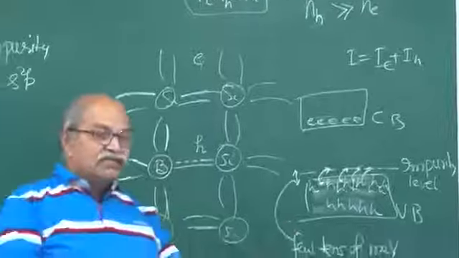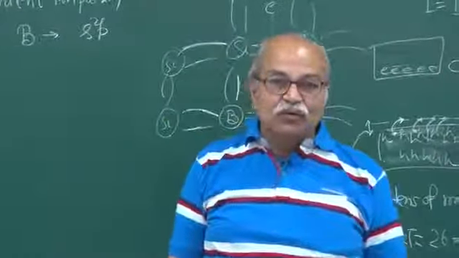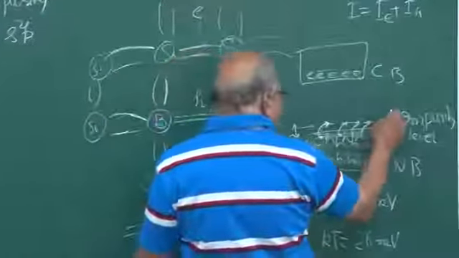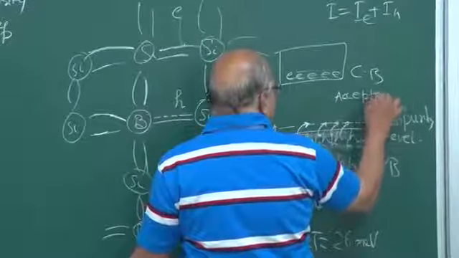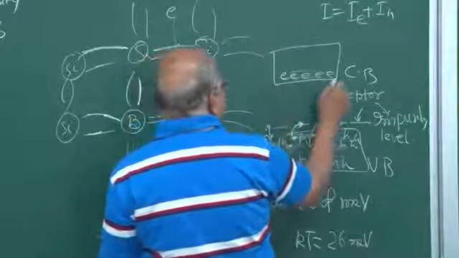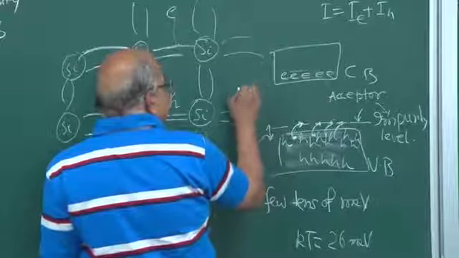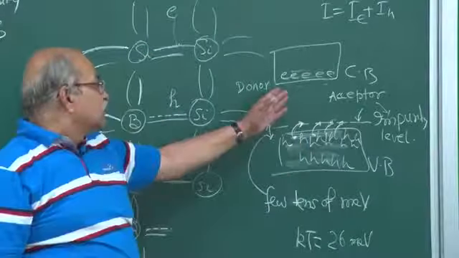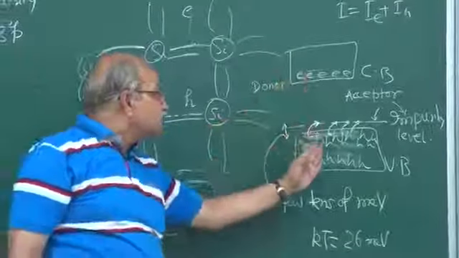So both kinds of doping, p-type doping and n-type doping, create impurity levels. By the way, there's another name for this. This is known as acceptor energy levels. And the energy levels which were created when we did n-type doping are known as donor impurity levels, because they donate electrons, and these accept electrons from the valence band.